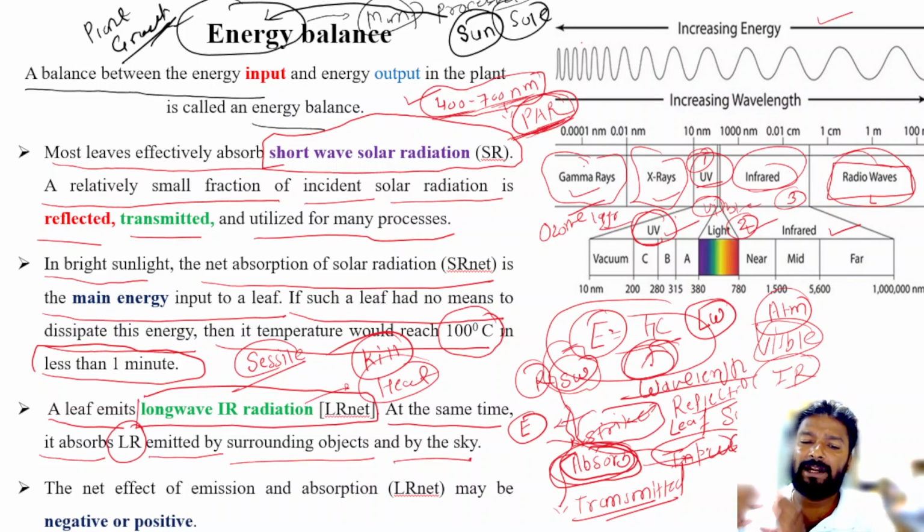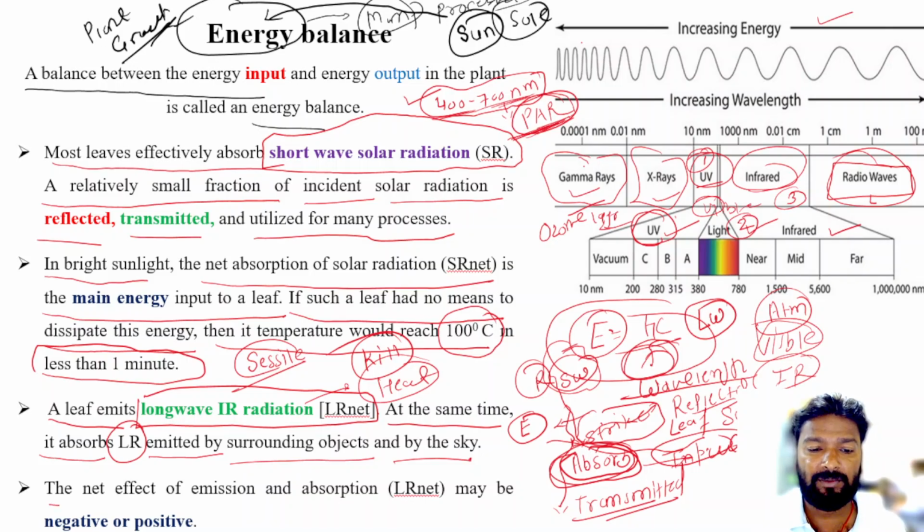Long wave radiation is mainly emitted when the short waves strike the leaf surface and are reflected in the form of long wave, and also some long wave radiation emitted by different surrounding objects, like water vapor or the sky, is absorbed.